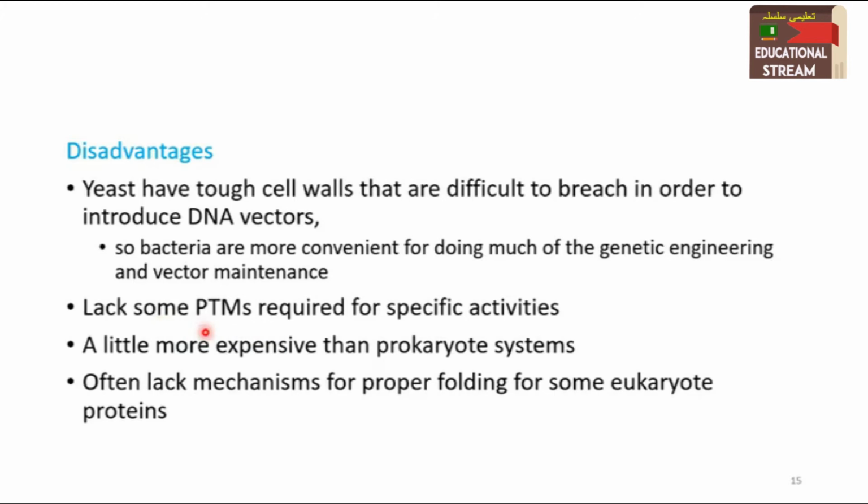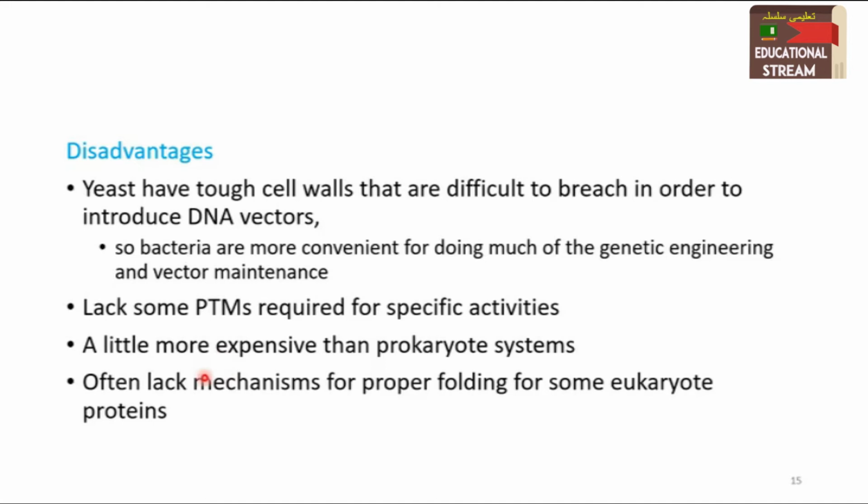Then another disadvantage of using the yeast is that it is much more expensive in comparison to the prokaryotic system. And some of the same problems that accompany the protein expression in bacteria also occur within the yeast.